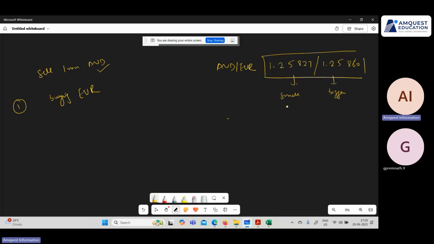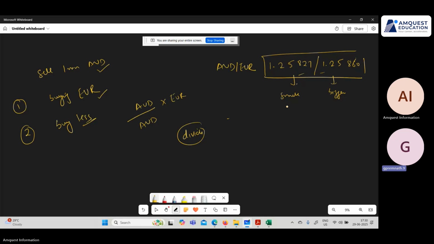Yeah. And second point is when I'm buying something, I'll get less. Correct? Yes. So if I'm selling AUD, then I should divide AUD by some number to get euro.